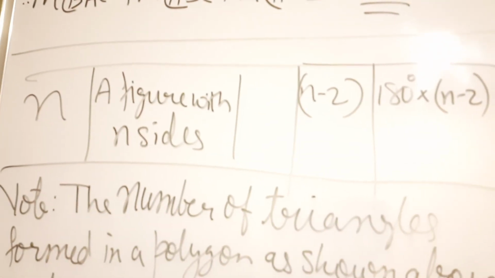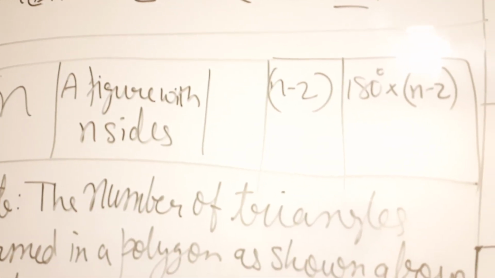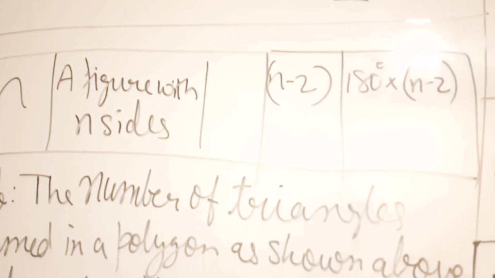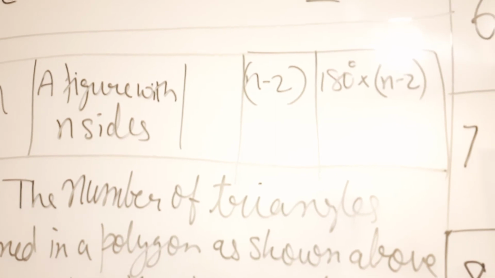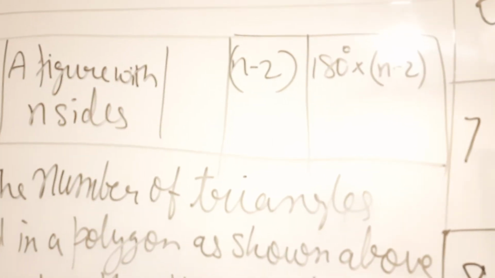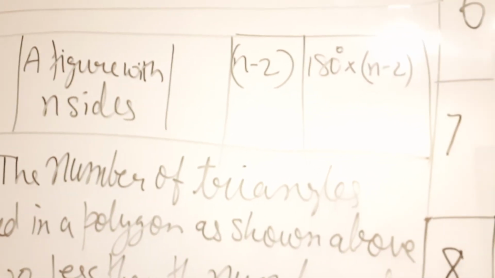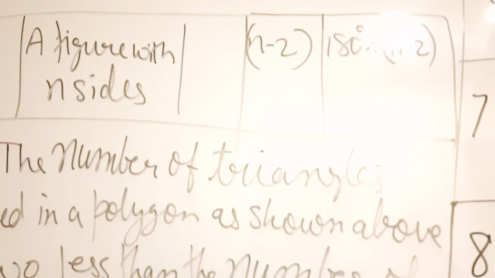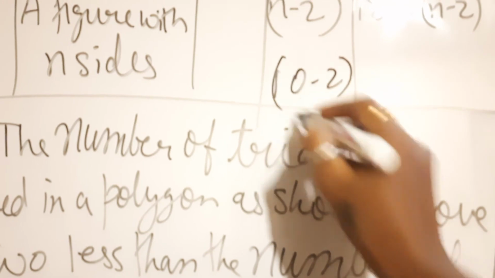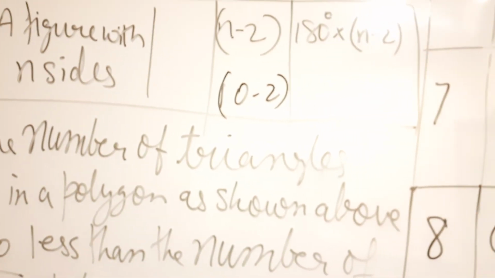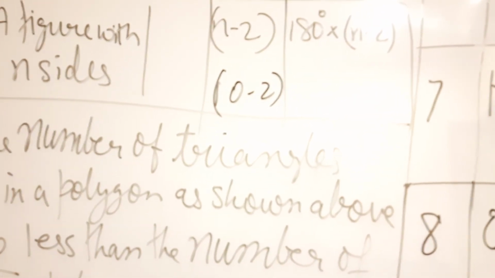For n sides, the number of triangles is n minus 2, and the sum is 180 degrees into n minus 2. For example, if a figure has 10 sides, it will be 10 minus 2, and 180 degrees into 8.